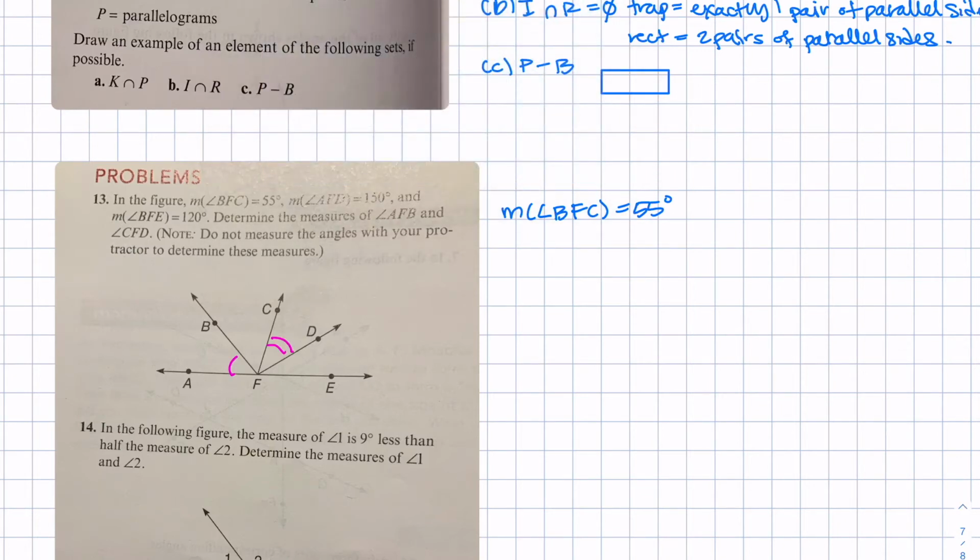And we know that this angle, BFC, is 55 degrees, and we know that AFD is 150 degrees. So this whole angle is 150 degrees.